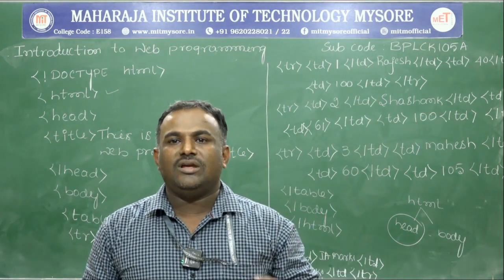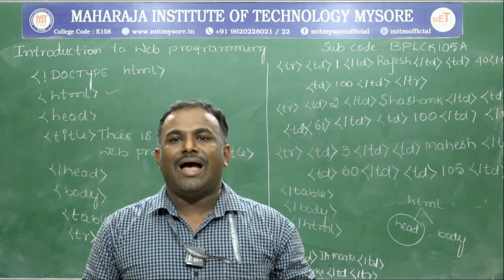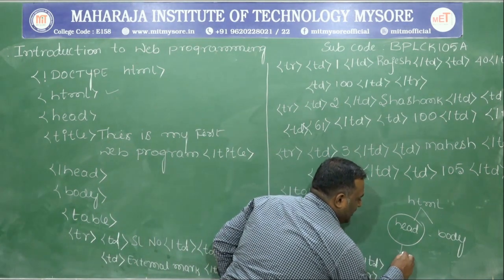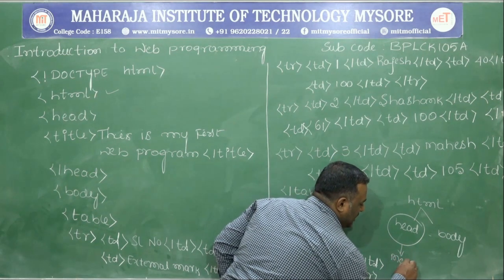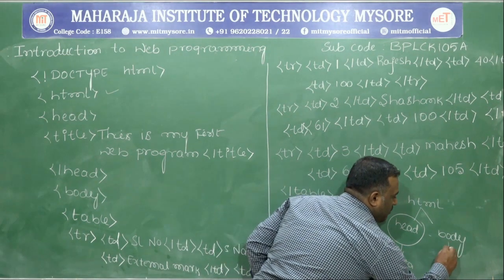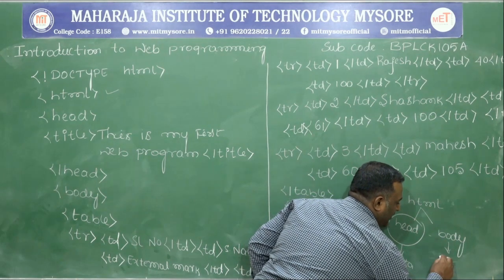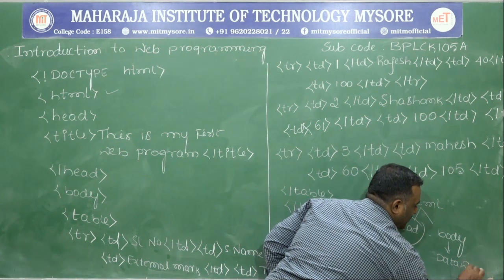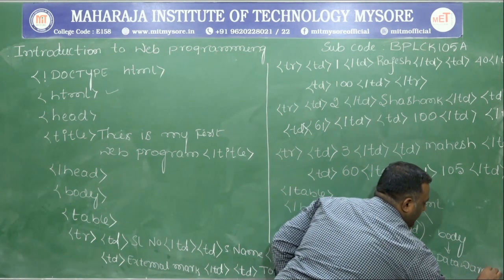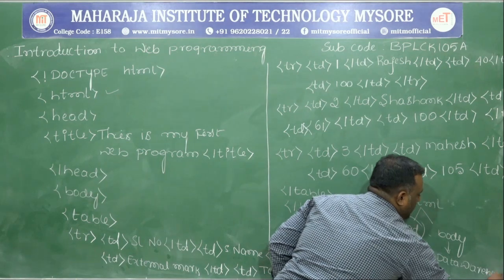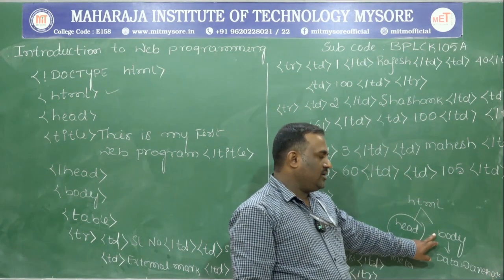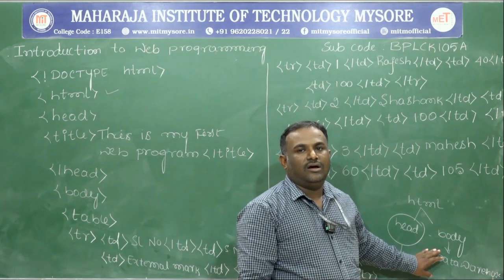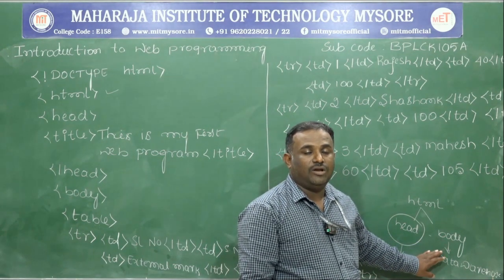This body of the HTML program acts as a data warehouse. The head is meta information. The body part acts as a data warehouse. The data we need to display on the web page will be written inside the body of the HTML program.